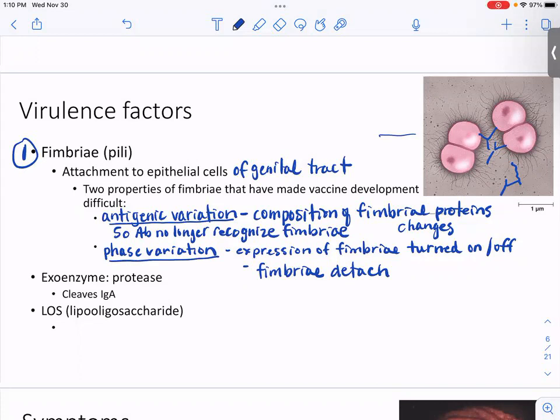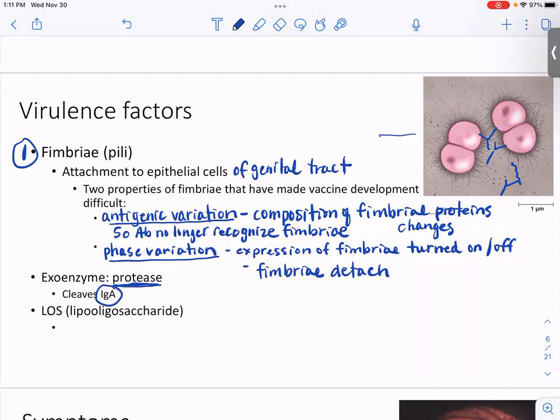Okay, so two interesting things again that help make the Neisseria gonorrhoeae successful. Another enzyme that it can secrete outside of the cell has kind of a boring name, a protease, but that enzyme is going to act on IgA.